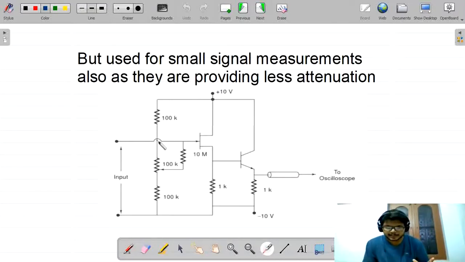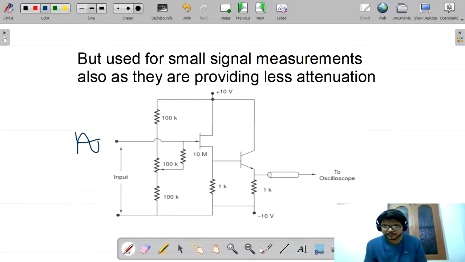By this diagram we can clearly see that at this point there is no contact between the voltage divider and the FET input line. Suppose we assume at this point we have a sinusoidal input.